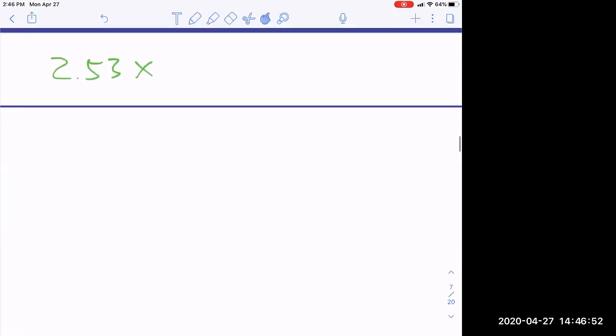It's really bad for multiplication. Use the dot. Did parentheses before. I guess the easiest way to explain this is I'm going to write this as a fraction. 2 plus 53 100ths.